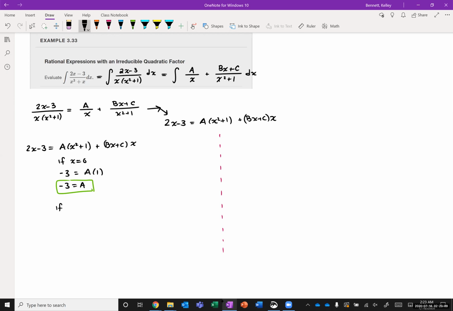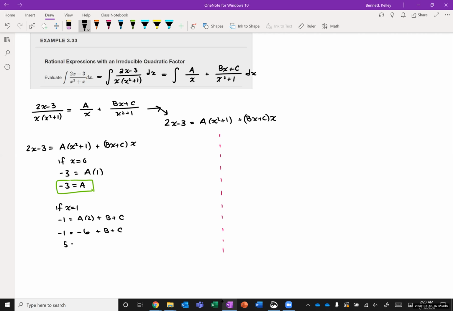So if x equals 1, then I'm going to get negative 1 equals a times 2 plus, if x is 1, then it's just b plus c times 1. So just plus b plus c. Okay, and now I'm already annoyed by this because now I have to plug back in a. So negative 1 equals negative 6 plus b plus c.